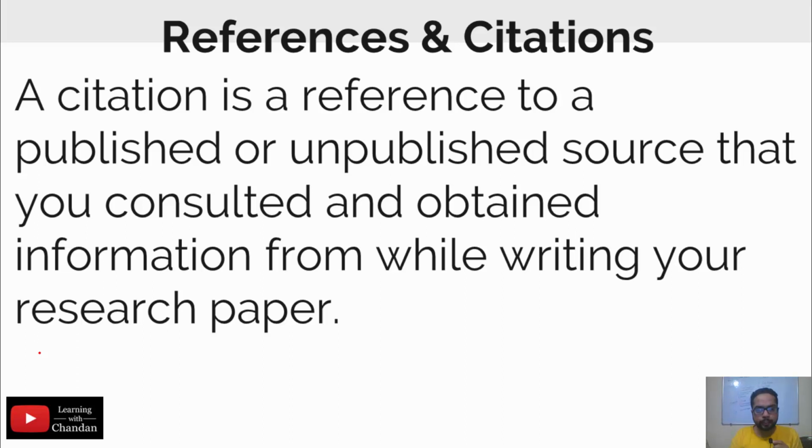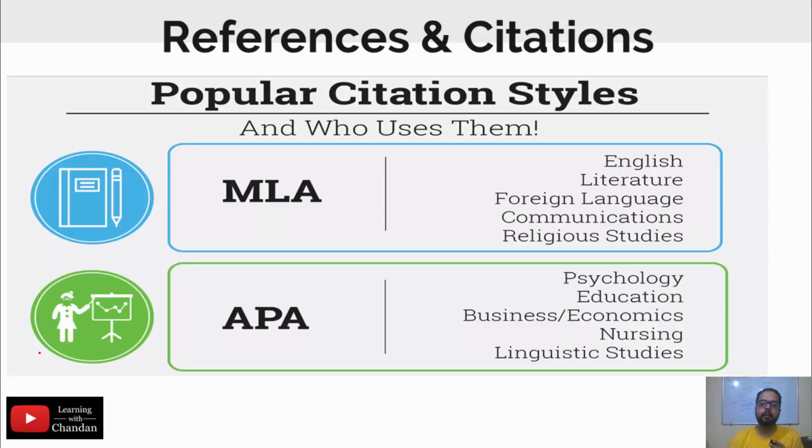Now how to write this reference or the address is also different for different journals, so you have to check where you want to send. If you have an English or these areas of journal, then the citation style we use is MLA. If this is your area of work, then the citation style we use is APA.